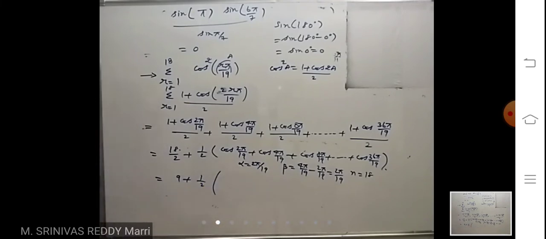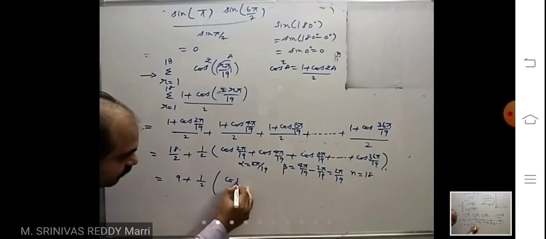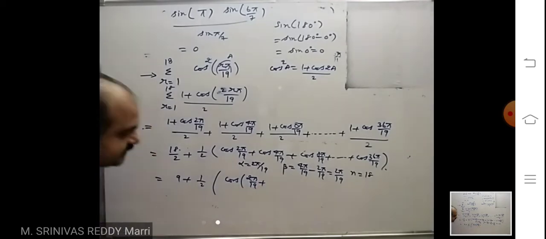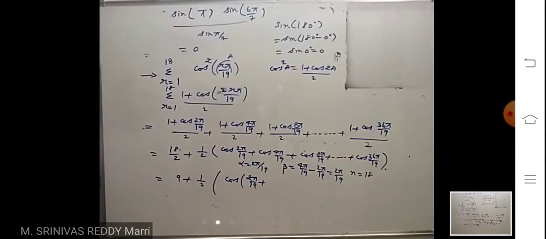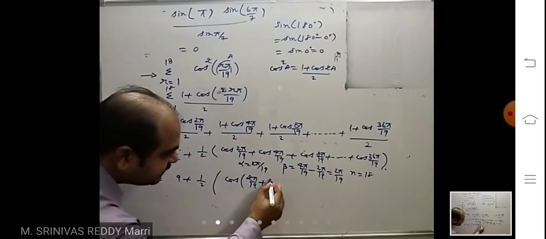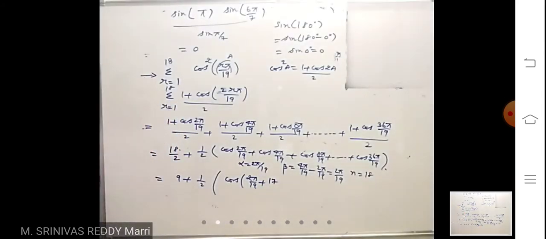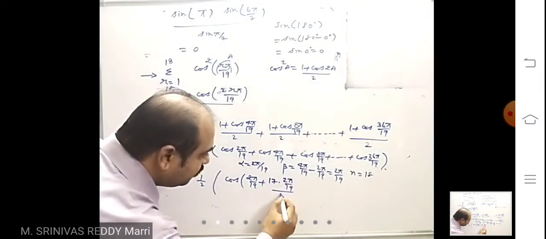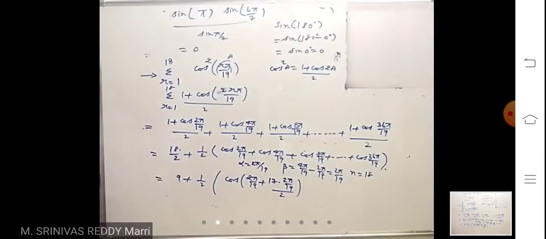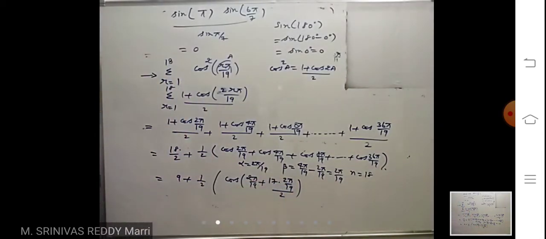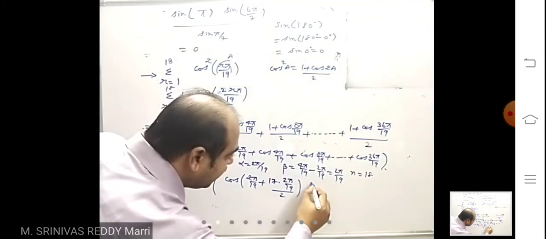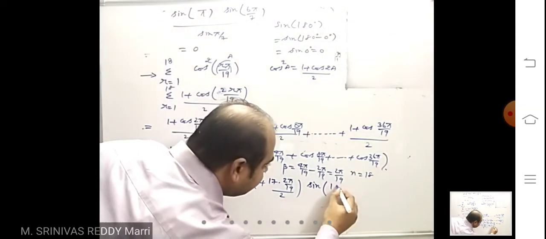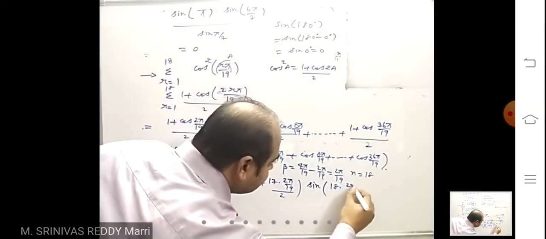What is the formula I told? Cos of alpha plus n minus 1, n minus 1 means 17, into beta by 2, into sine of n beta by 2, with n equal to 18, so 18 into beta by 2.